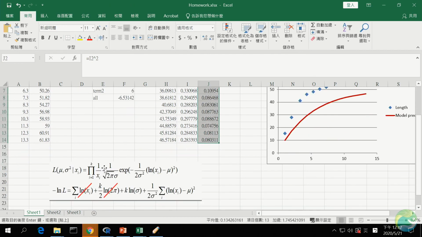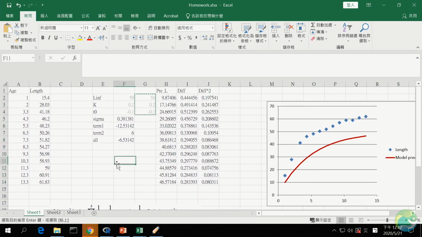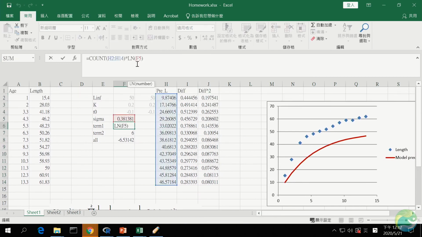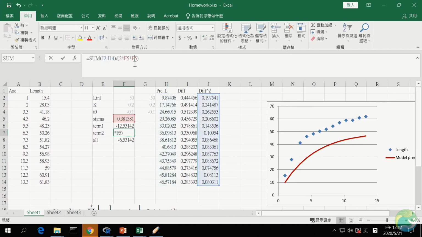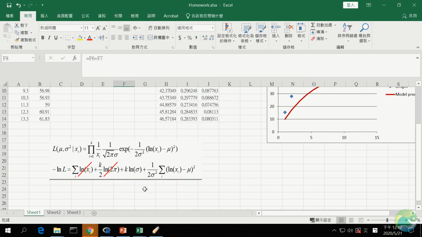You need to calculate the total likelihood. So here it's the total likelihood definition, term 1 and term 2 and so on, right? This is the negative log likelihood, term 1 and term 2.